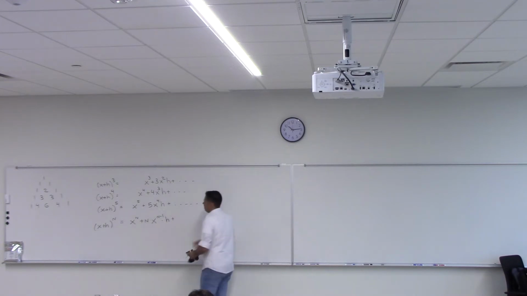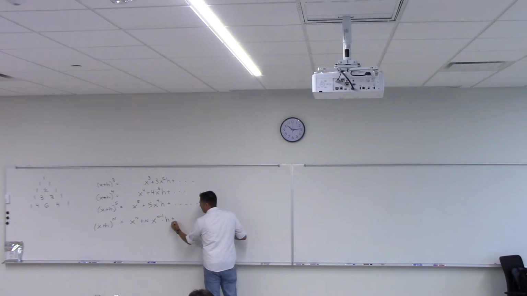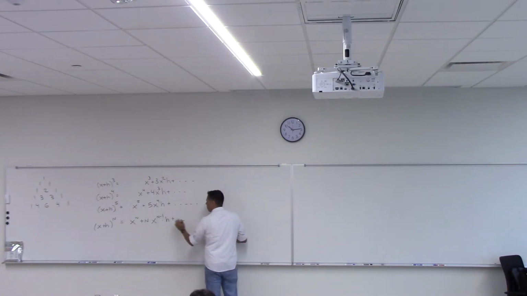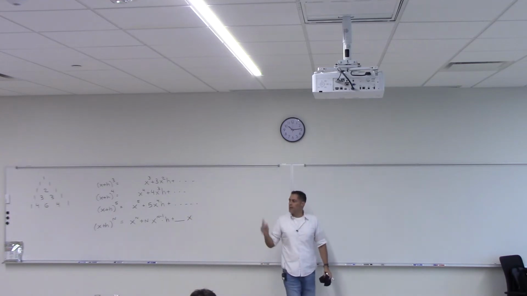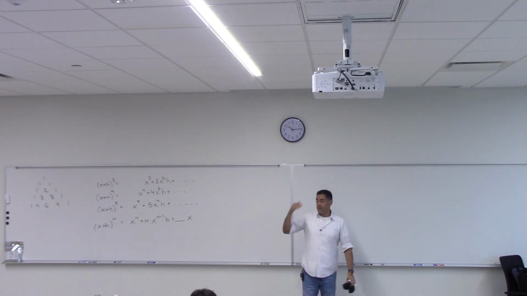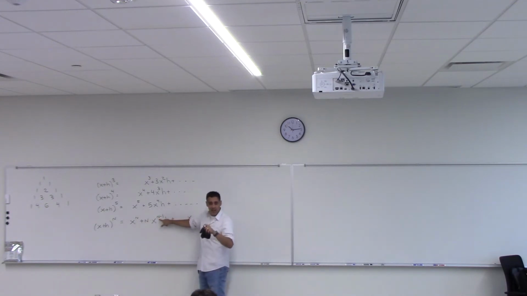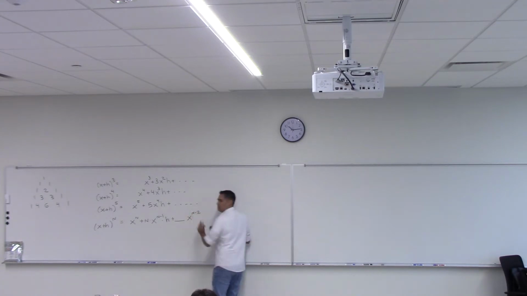Plus, now things are going to get more complicated as we go down here. It's not as easy, but there's some number here in front of the next term. Let's not worry about what it is. But can you tell me the power on x now? n minus 2, right? It started out as x to the n, the next term would be x to the n minus 1, and this would be x to the n minus 2. Do you all understand that?